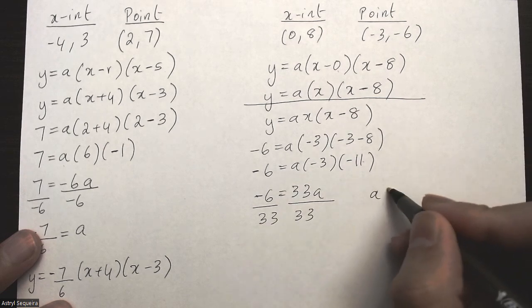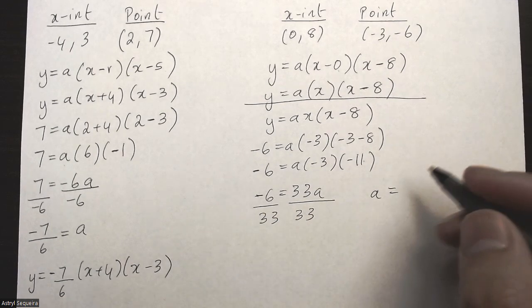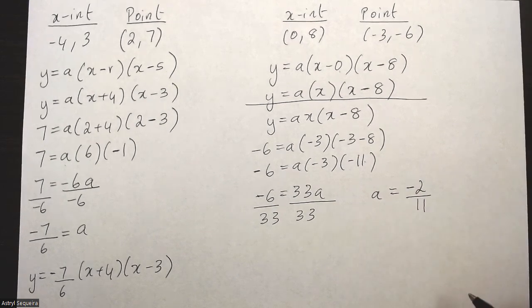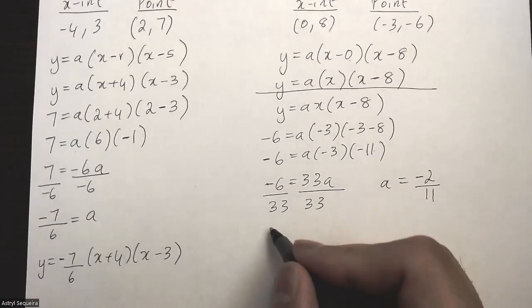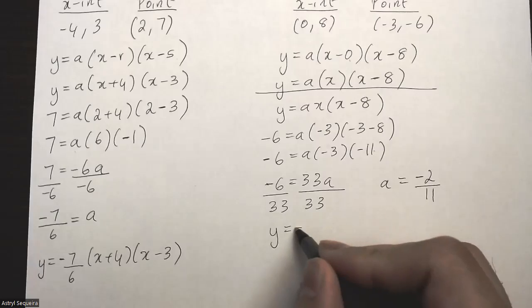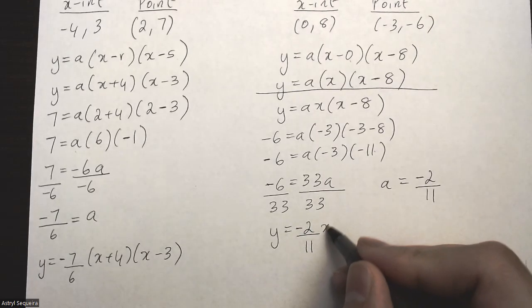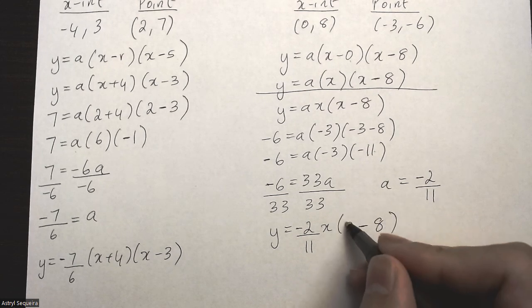So I'll just get my a value to be -6/33, which can be simplified. You can either do it in your calculator, or you can just divide them both by 3. You'll get -2/11. My final equation, I'm going to use the one below that line that I drew there, is y equals -2/11 x(x - 8).